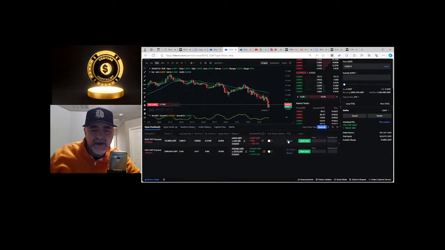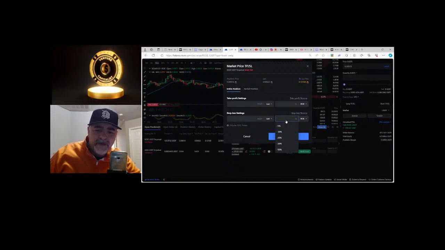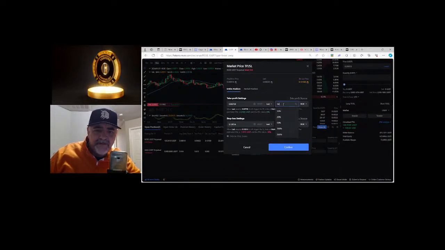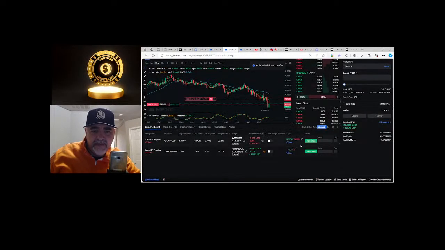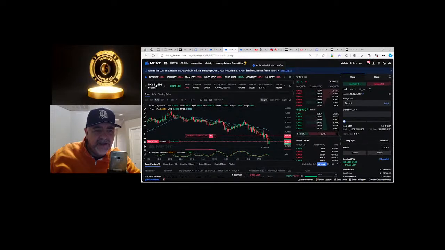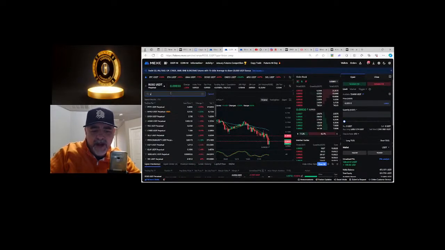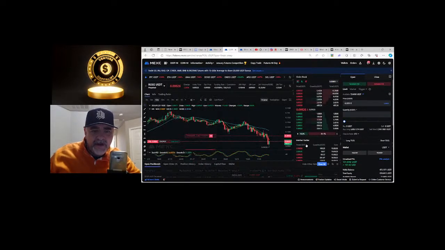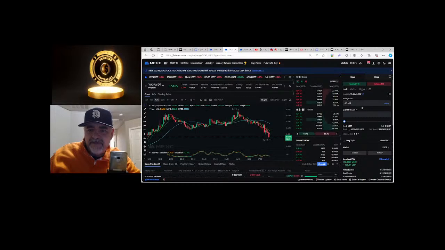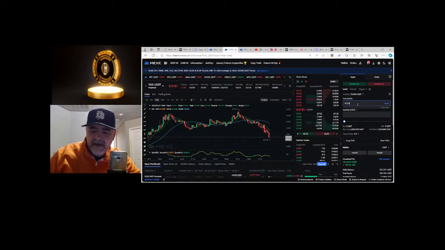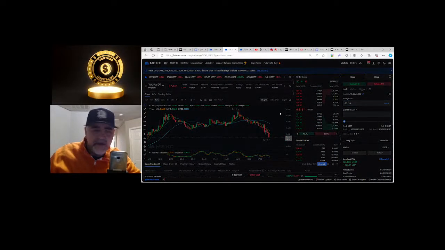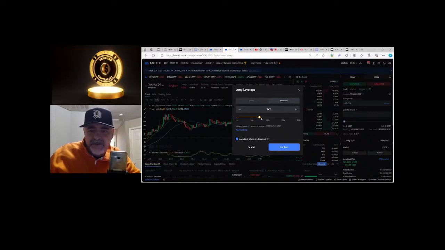ROSE hit its little spot there. So ROSE is going to get a 30% stop loss, a 50% profit. Now we're looking for YGG, and we can set this all up beforehand, right? So 51.39 is the entry for the long. 30x leverage.